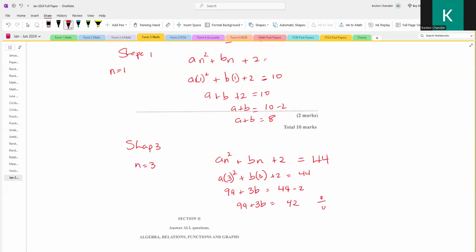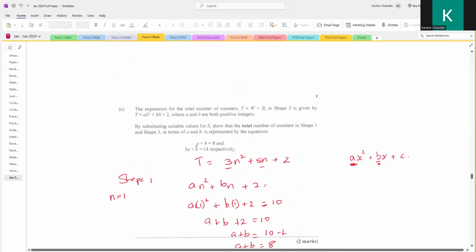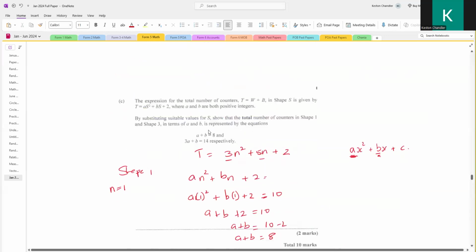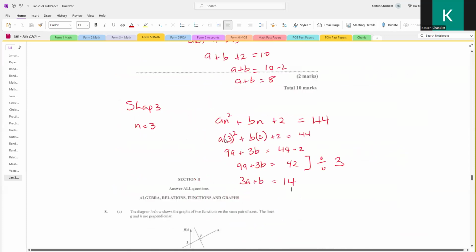If you divide by 3 throughout, you're going to get 3A plus B is equal to 14. So we just proved that these shapes can be represented by these equations.